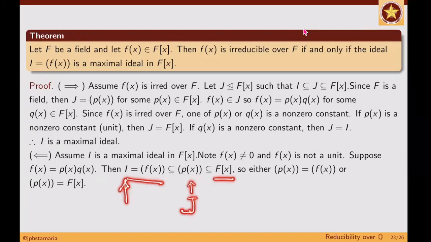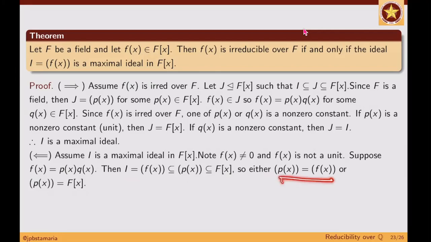So hindi pa pwedeng yung ideal na J ay different from both of these. Kailangan yung J equal doon sa I or sa F square bracket X. So therefore, either ito equal siya dito sa I, or yung ideal na yan equal sa F square bracket X. Tingnan natin.